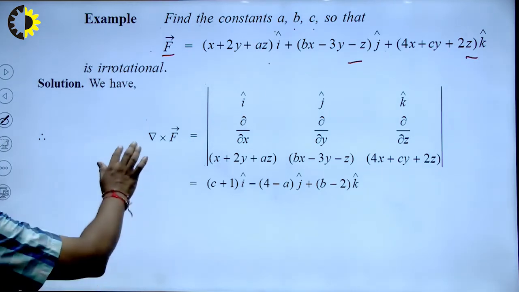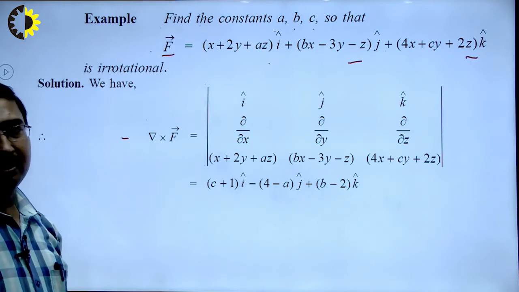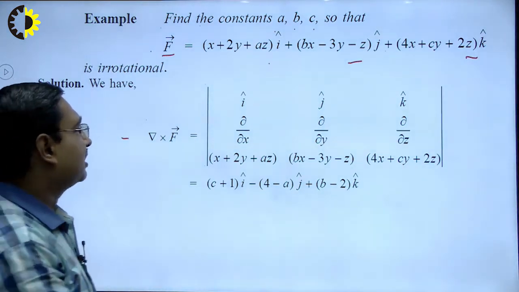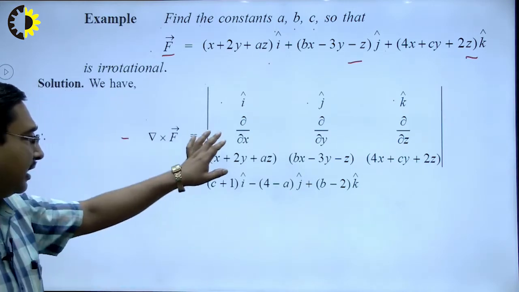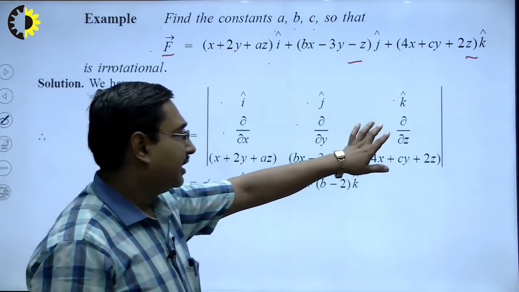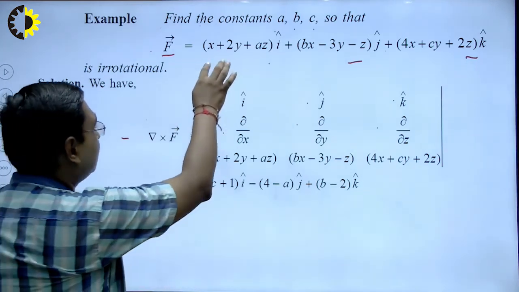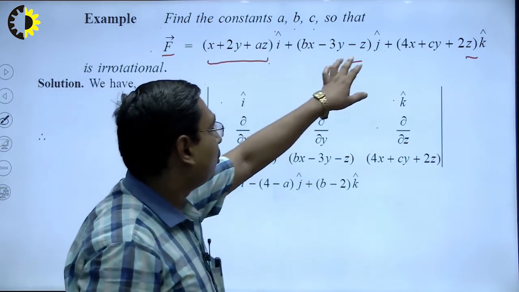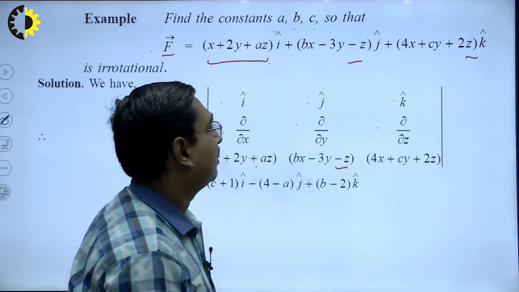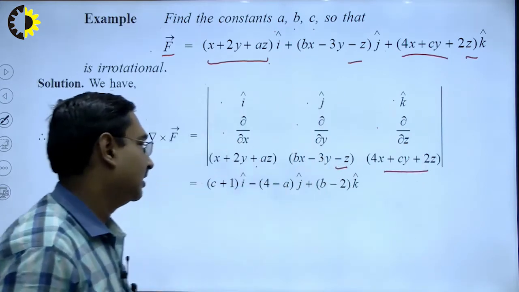We are calculating curl f, del cross f. By the formula of curl previously discussed, del cross f will be i, j, k in first row, del over del x, del over del y, del over del z in second row. F1 means coefficient of i here, F2 coefficient of j here, F3 means coefficient of k in third term.